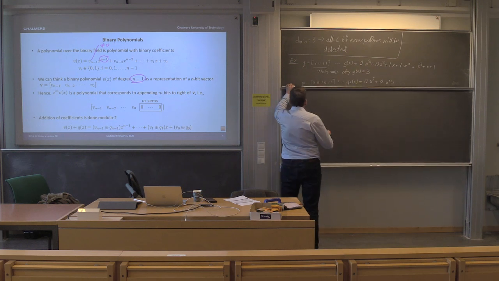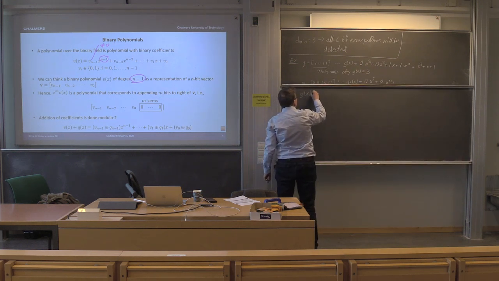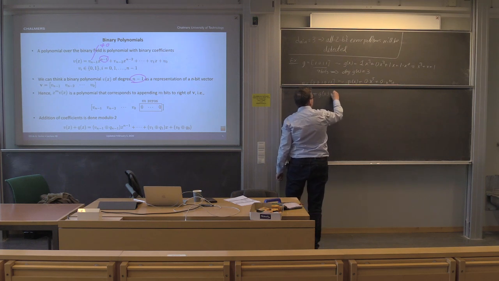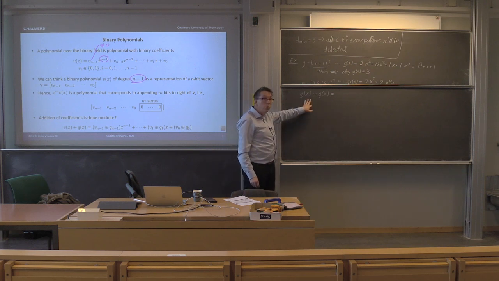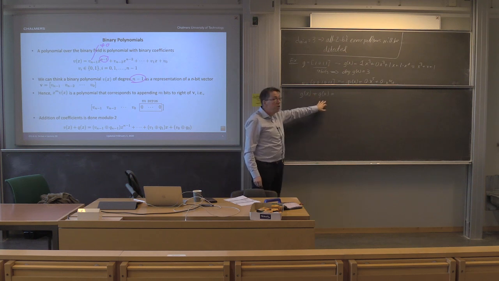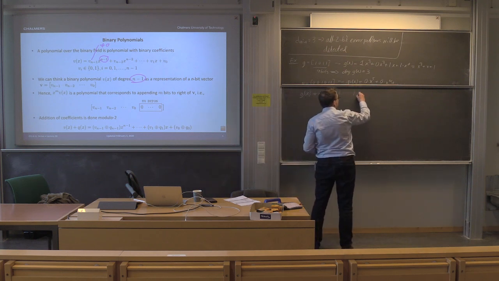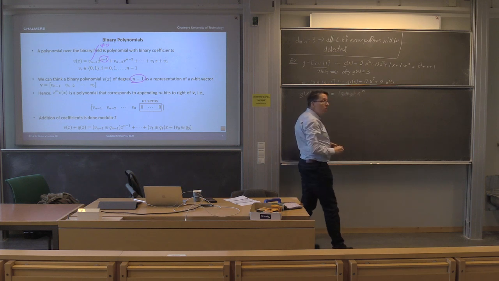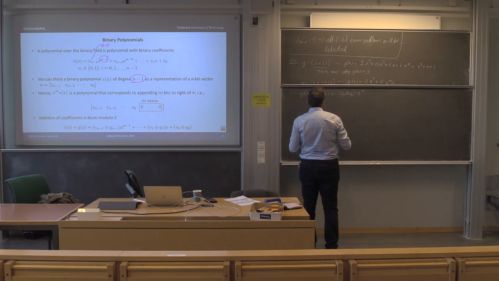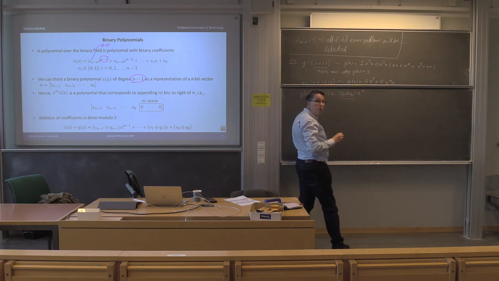But with that, how about this addition? What is g of x plus g of x? Not quite the inverse. It's g plus g, so whatever coefficient there is in front of a power, say n, we would have the same bit here, right? So this would be equal to a bit plus itself modulo 2, which is?